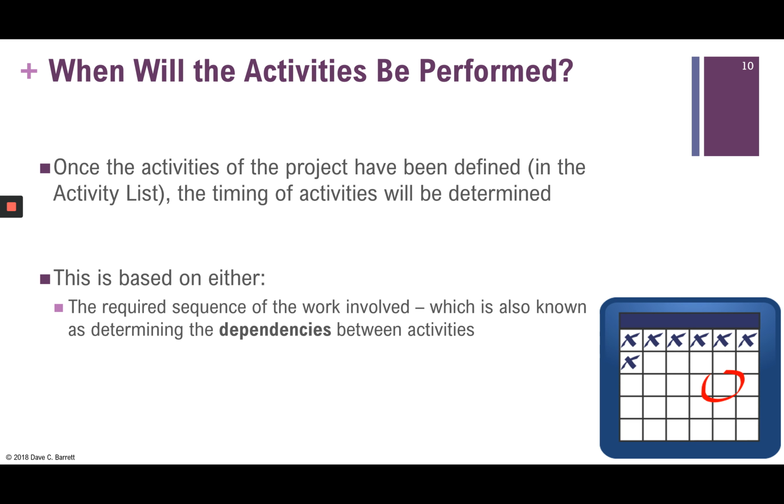The other thing that can affect the timing of an activity is that it needs to occur on a certain date, like a meeting that's scheduled for a date when everybody is available. So that's where a required date comes into play.